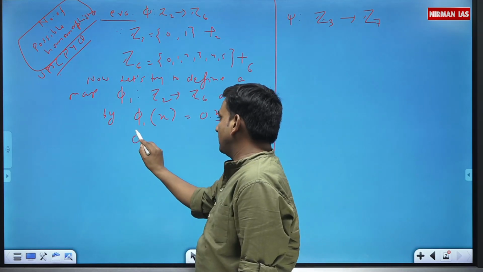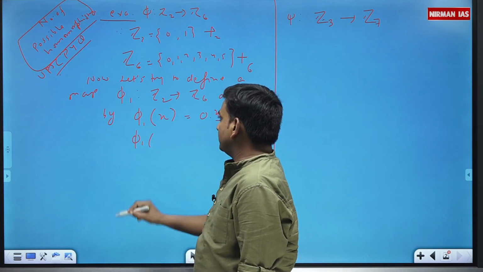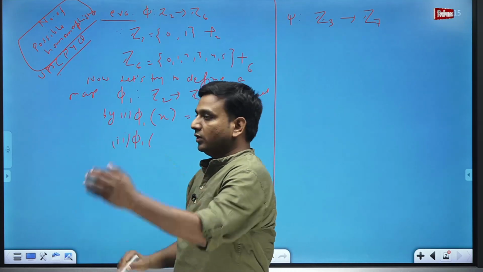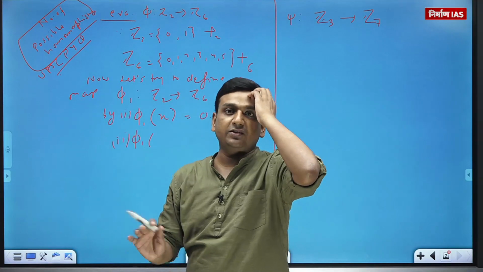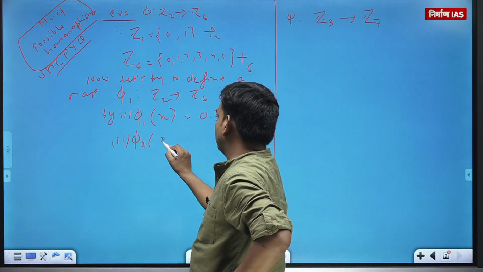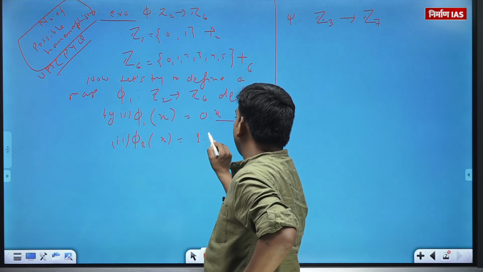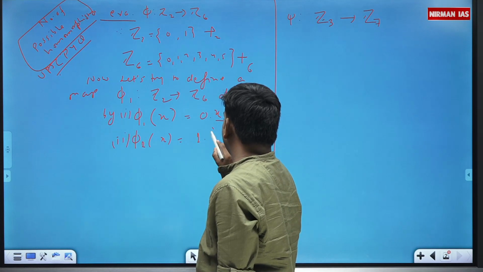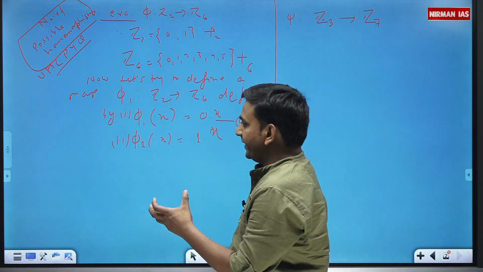Let's define different formulas I am drawing. After that we will check whether that is a homomorphism or not. Let's define phi 2 of x as 1 into x, that is, ax.